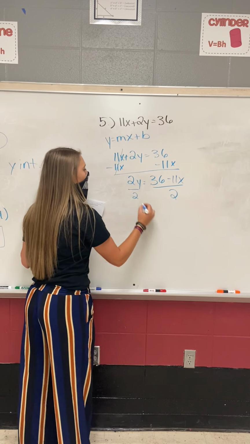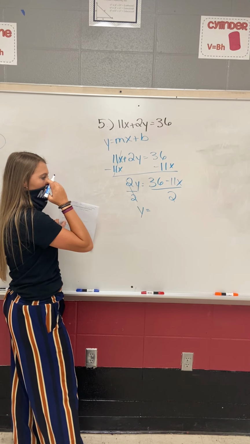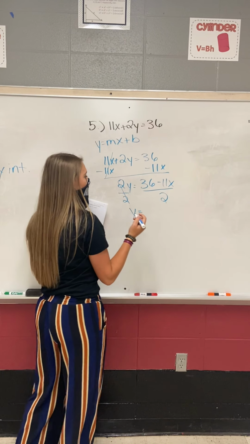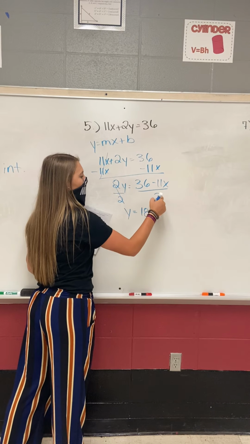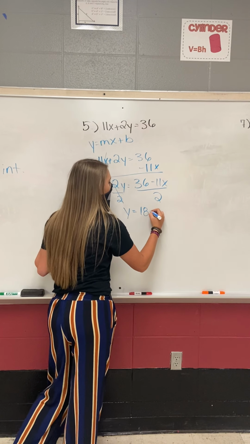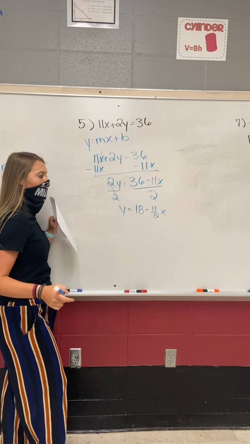These cancel, and I'm left with y equals 36 divided by 2, which is going to give you 18. And then 11 divided by 2 is just going to be 11 over 2. So minus 11 over 2 x, because you can't divide 11 by 2.